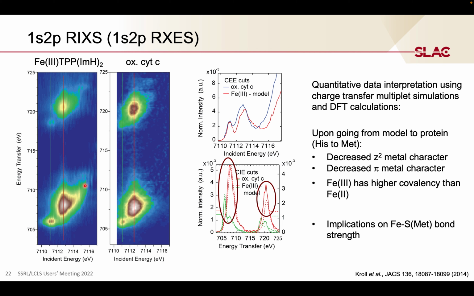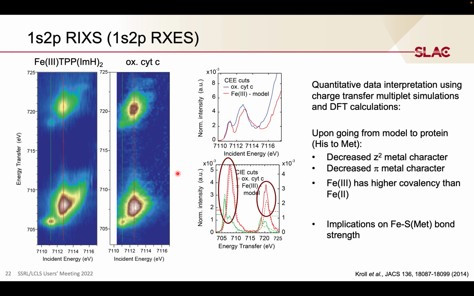You can do a diagonal cut, which is shown here, the CE cut, the constant emission energy, which means it's exactly the same as HERFD, which I explained a couple of slides before. You can also do vertical cuts here in green and in red, which are then L-edge-like cuts. They give L-edge-like information. It's not exactly like an L-edge because we have different selection rules, but it's L-edge-like. And you can actually compare these two and learn from it.